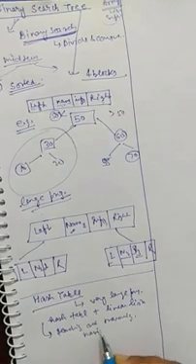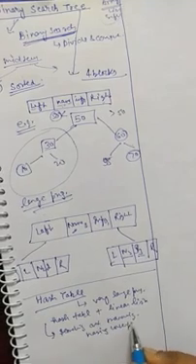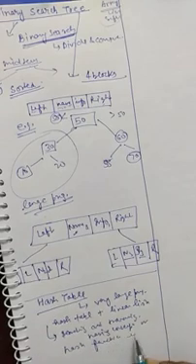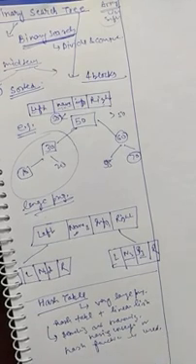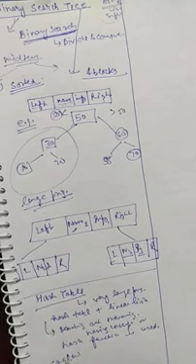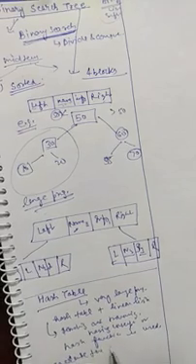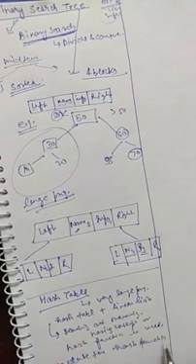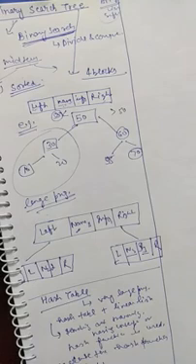hashing concept or hash function is used. So whenever any element is to be searched, firstly we will calculate the hash function value, and whatever the value comes, we will move to the corresponding hash table.